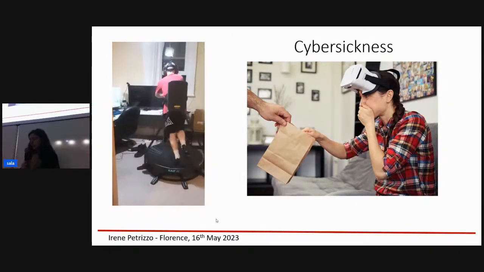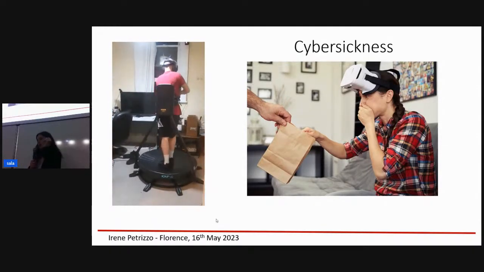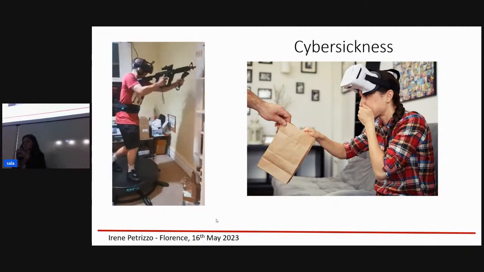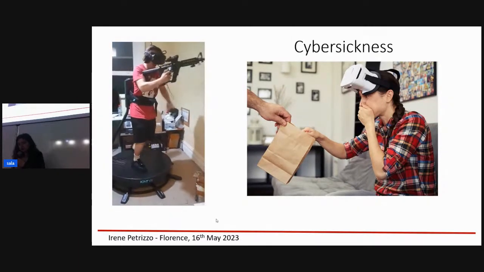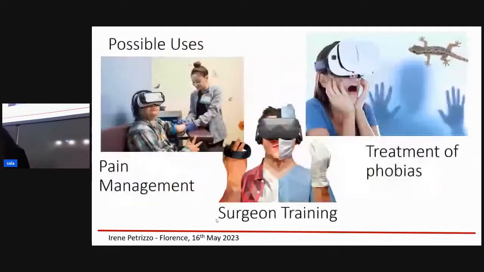So when something goes wrong, when the stereopsis is not perfect, when the pose tracking fails to perfectly accord your movement with the change in the visual field, then there is this feeling of sickness that is associated with virtual reality.